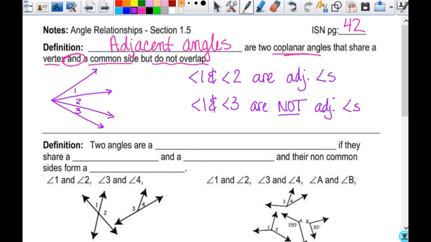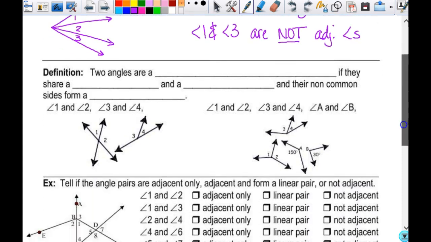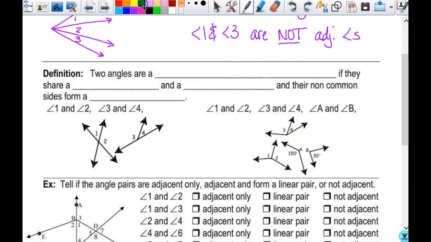All right, what about linear pair? Have you heard those angles before? Some of this is new, some of it is not, but two angles are a linear pair.